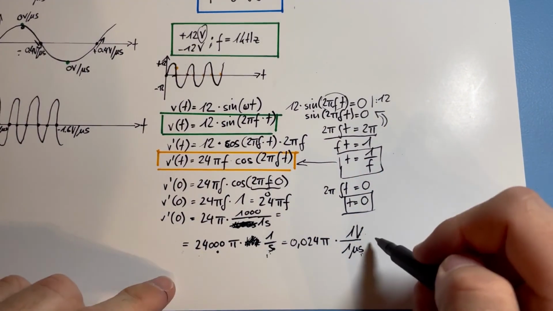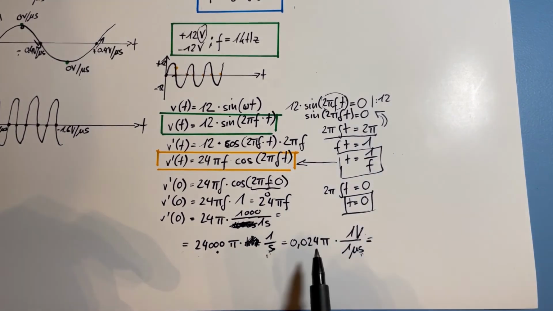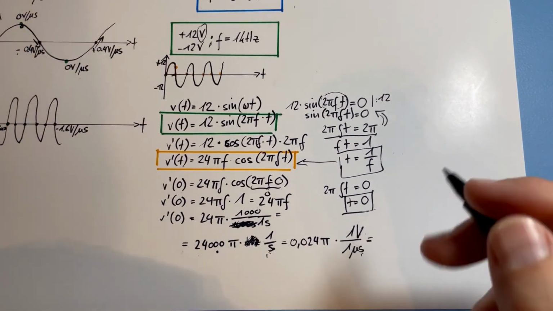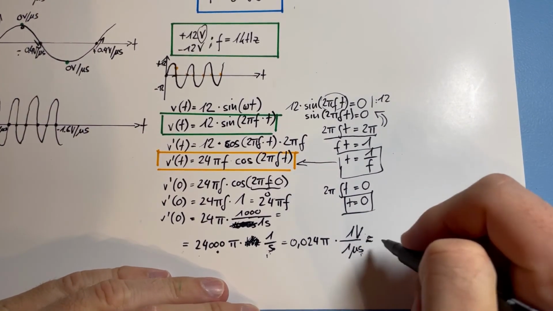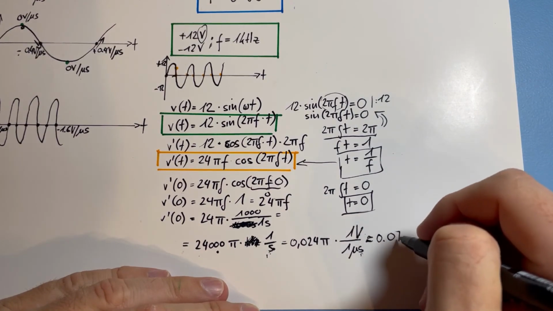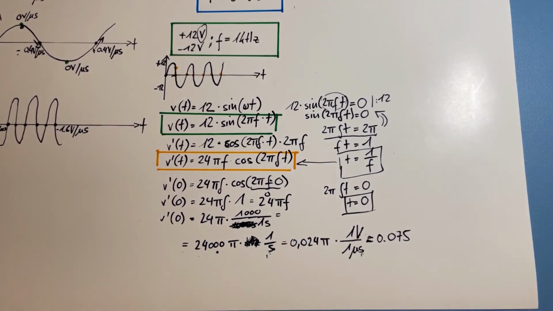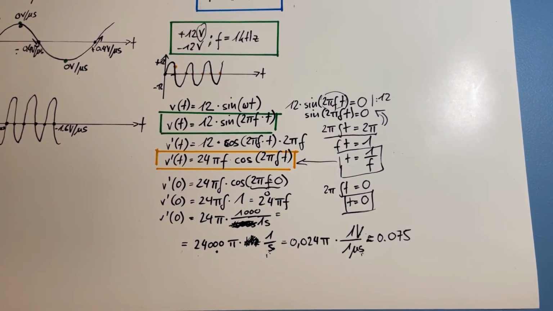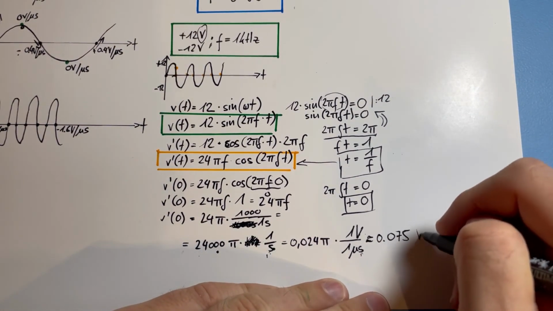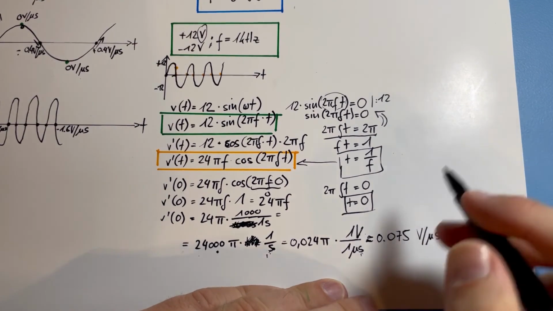Yeah, and then let's see what that is, 0.024 pi, and that is around 0.075 volts per microsecond.